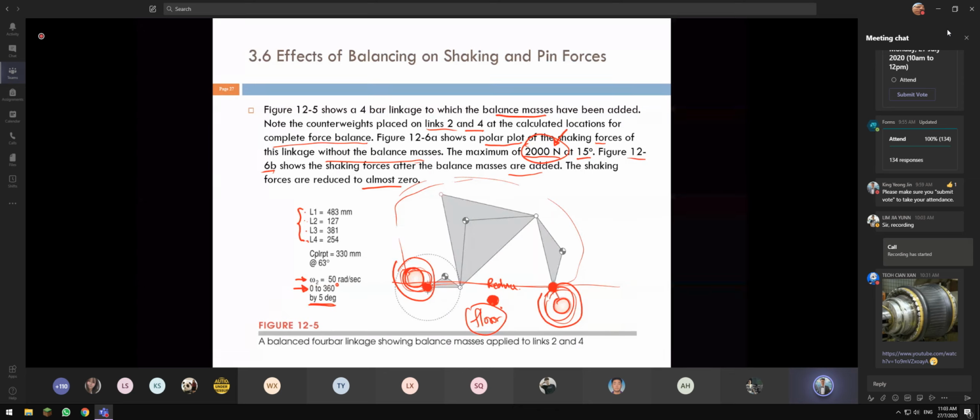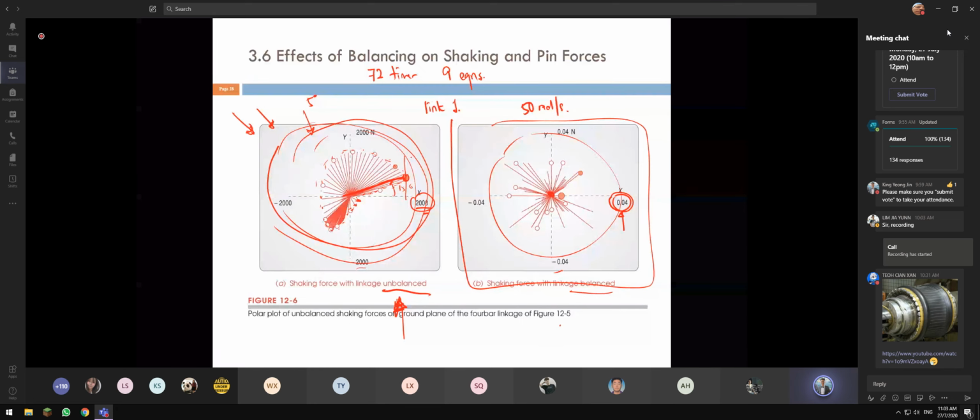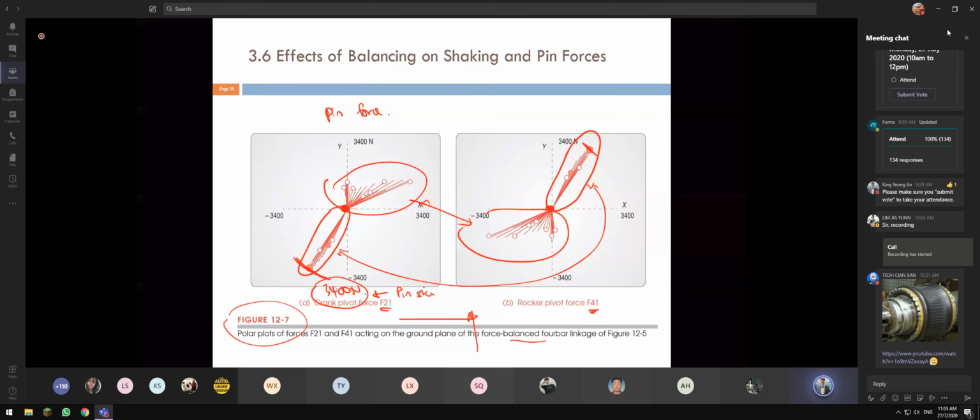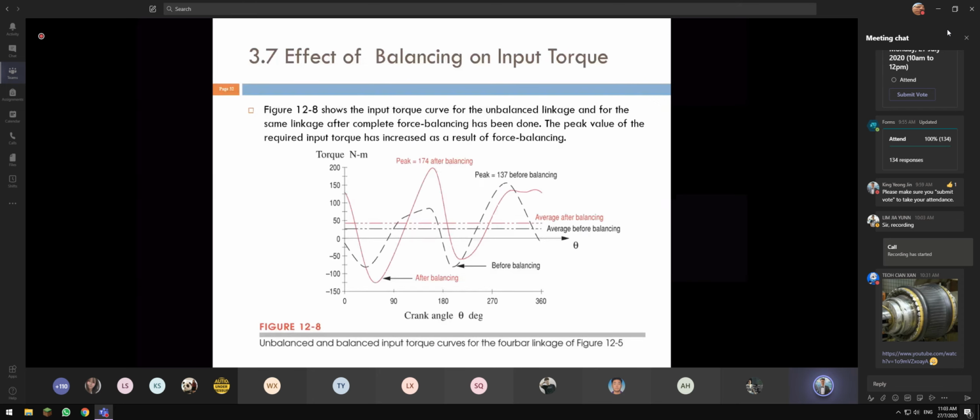If this is lower, then it's better. That's why we reduce this, so that the force the ground link 1 experiences is basically 0. But then the trade-off here is that the O2 and O4 will have a larger pin force, in most cases.